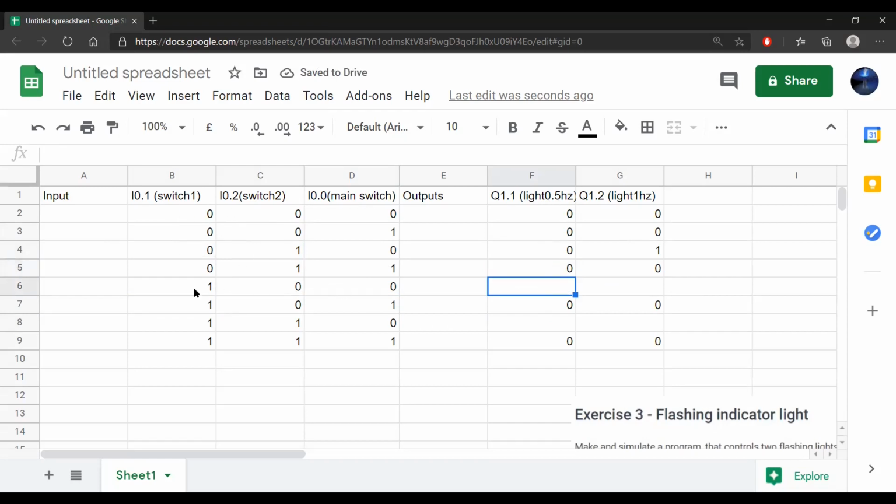All right, then another scenario is saying that when switch number 1 is on, switch number 2 is off, and the main switch is off, of course, it's allowing the outputs to be on, but the first light is on and the second light is off. Great. And finally, we have when both of the switches are on and the main switch is allowing them to be on. So both of them may be on.